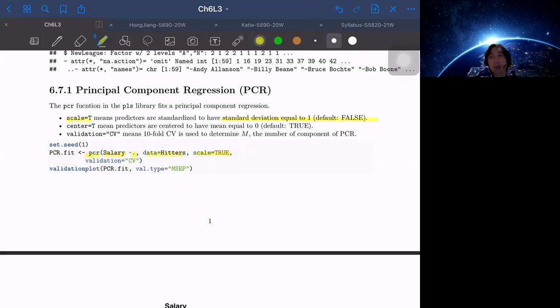Also, if we don't standardize, the regression result depends on the unit of each variable, which does not sound good. So we standardize, so scale is equal to true. Also, we can specify center equal to true to make the mean equal to 0.